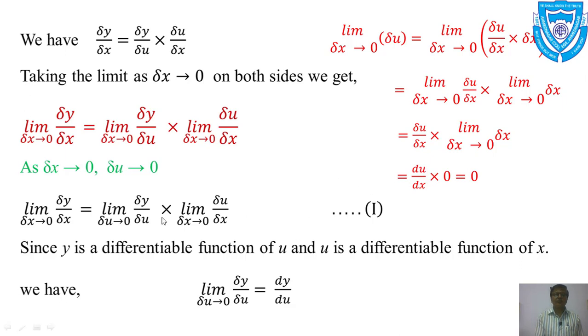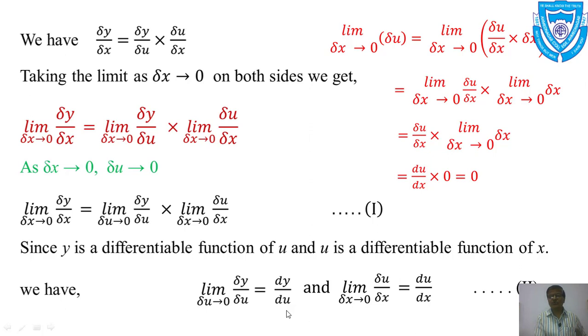Y is a differentiable function of u, therefore the limit as delta u tends to 0 of delta y upon delta u is equal to dy by du. And as u is a differentiable function of x, the limit as delta x tends to 0 of delta u upon delta x is equal to du by dx.